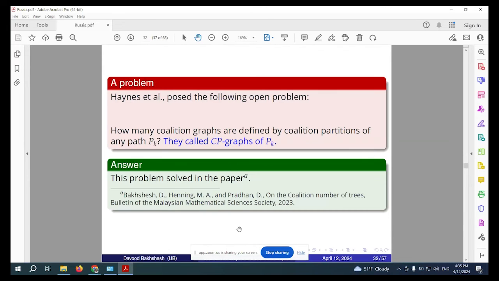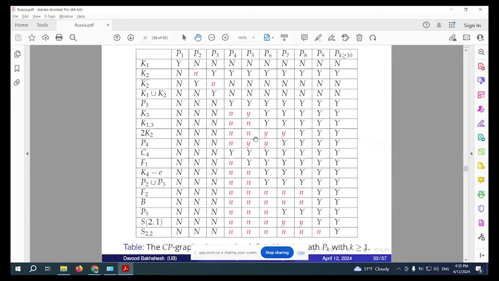To solve this problem, we first find this table. In this table, we use uppercase letters and lowercase letters Y and N. Suppose that Tij is the cell of the table in row i and column j.